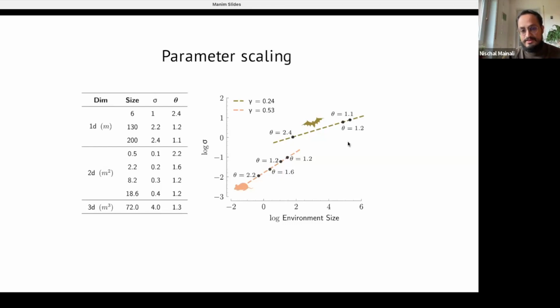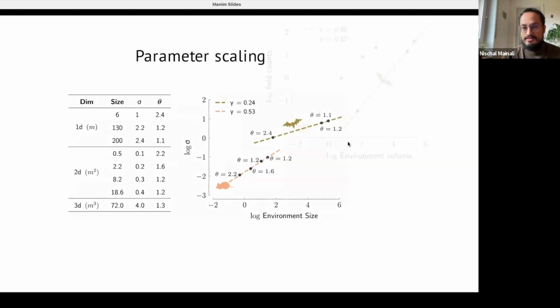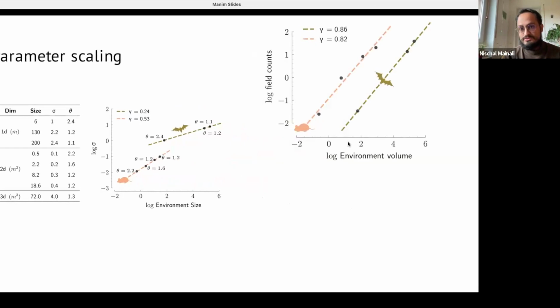And the effect of the trends in correlation length, along with the trends in threshold, which is much higher in smaller environments and smaller in larger environments, is that field counts, that is the number of fields per cell on average, grow sublinearly.